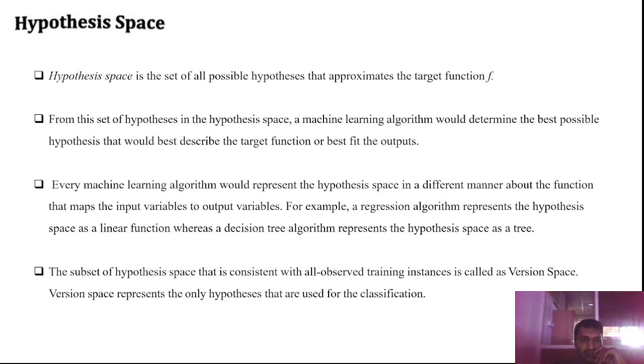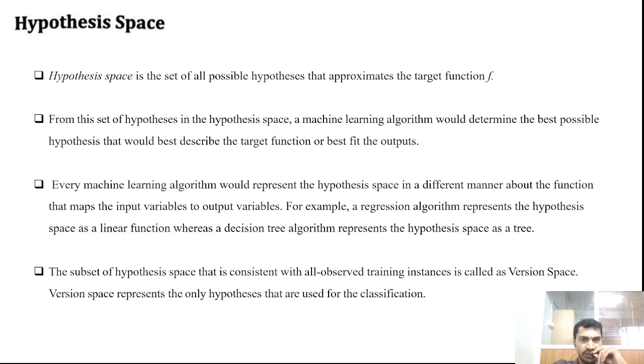And next, the version space. The version space contains only the hypotheses which are correct, that is, which are properly classifying the training data, which are correct according to the given training data. That we will call the version space. Now there is a difference between the hypothesis space, the machine learning model, and the version space.